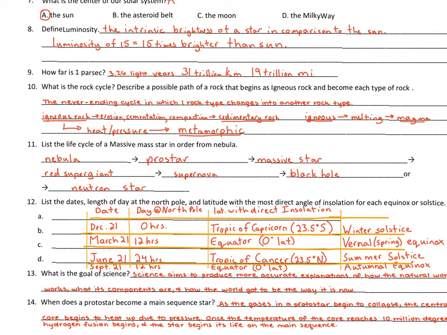Once all of the fusion takes place, you're going to be left with an iron core. That iron core is going to collapse, and bam! Now you're going to get a supernova. Supernova is also when all the other elements are going to form in a star, but that massive display of light is going to either now become a black hole or a neutron star.